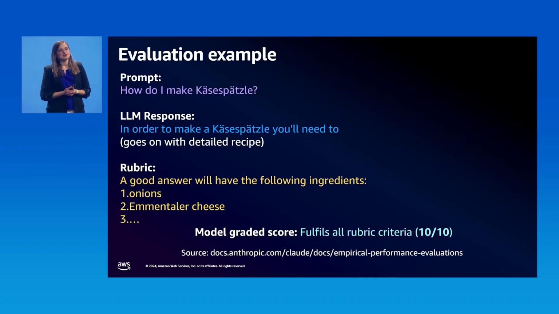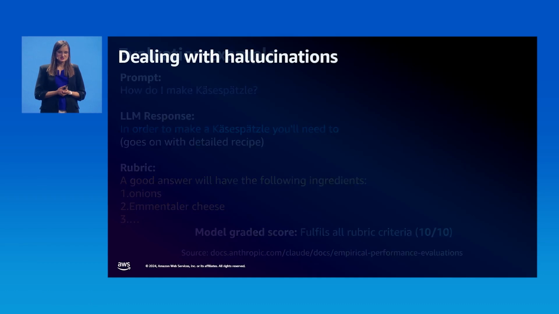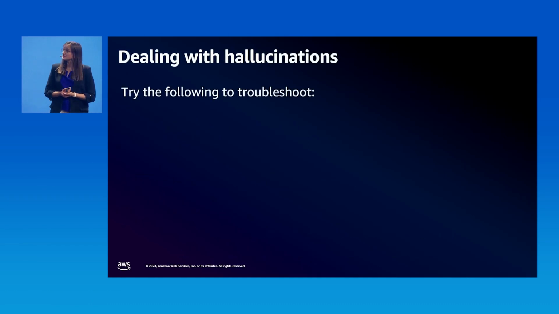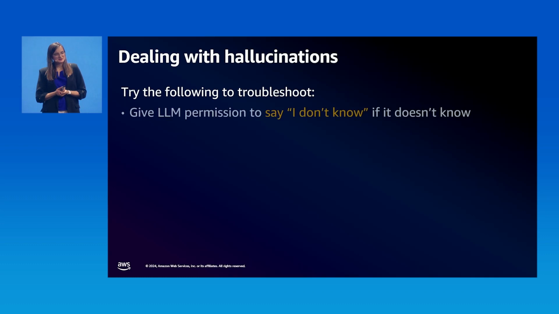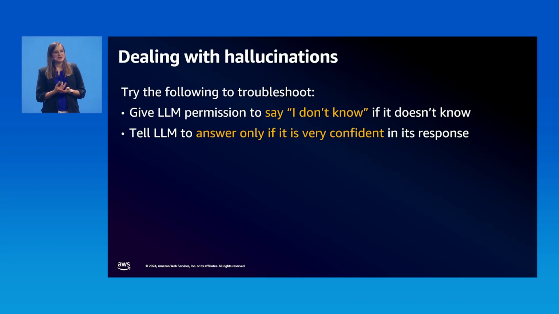Many customers come to us and ask about what can be done for reducing hallucinations. And that is also something we would like to encourage you to do when dealing with hallucinations. What can be done is to give LLMs permission to say, I don't know, as well as answer only if it is very confident in its response.